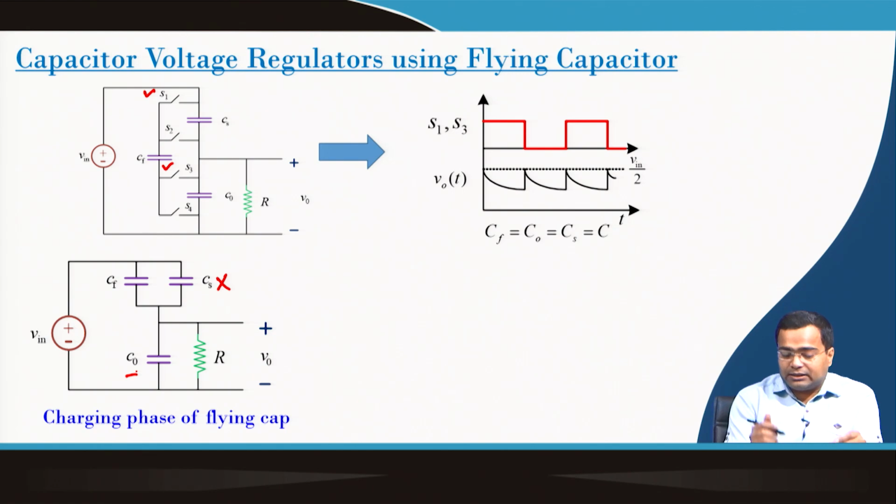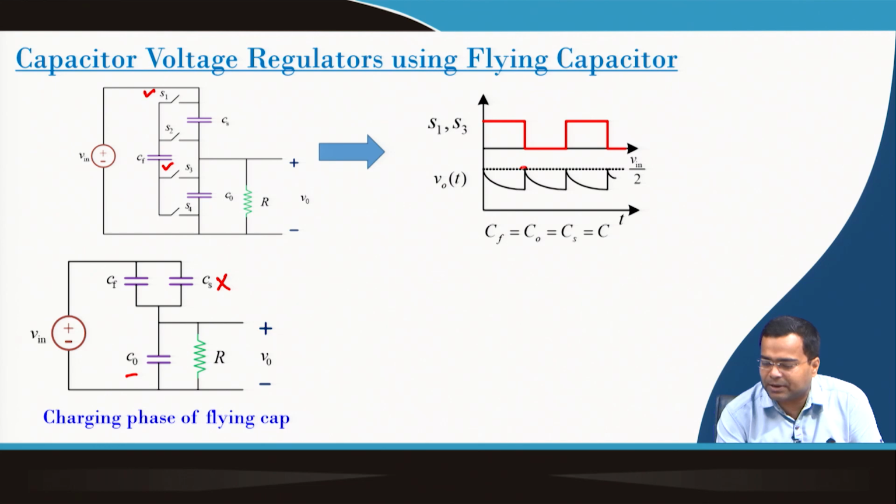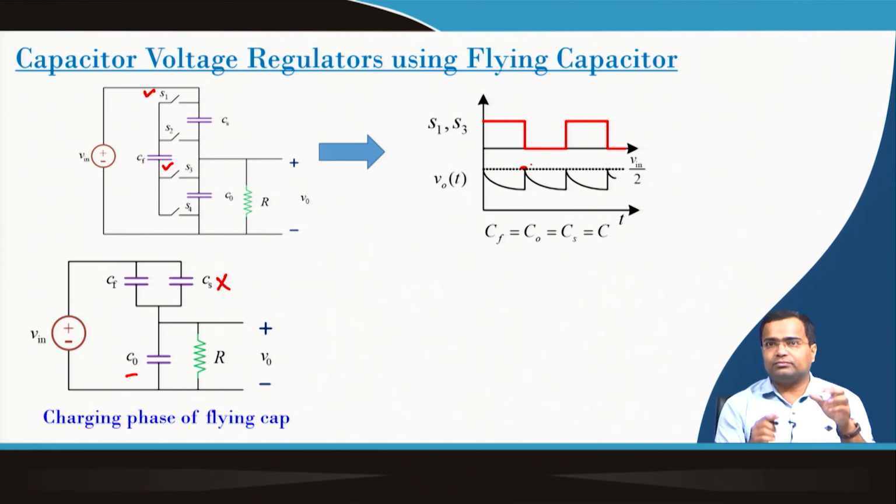The moment we connect the flying capacitor, there is a discrete jump and the voltage will reach Vin/2, which can be proved using the charge balance equation.